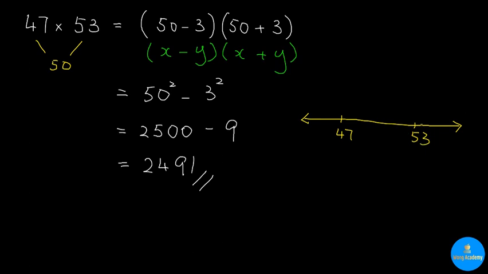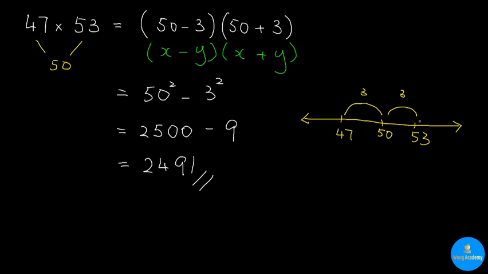The midpoint between these two numbers, which is also the average of 47 and 53, is 50. And the distance from both numbers to 50 is 3. Therefore, we have 47 expressed as 50 minus 3, and 53 is 50 plus 3.